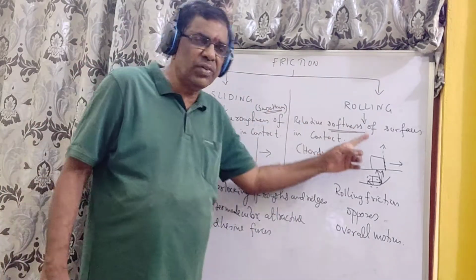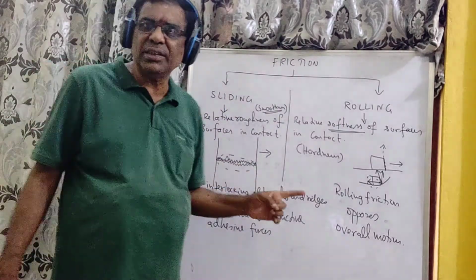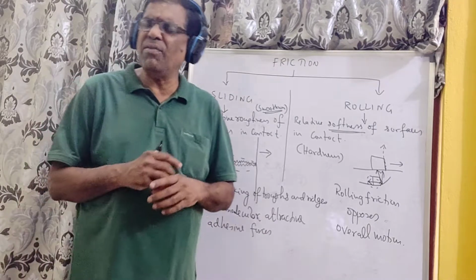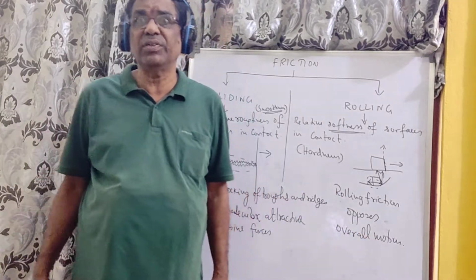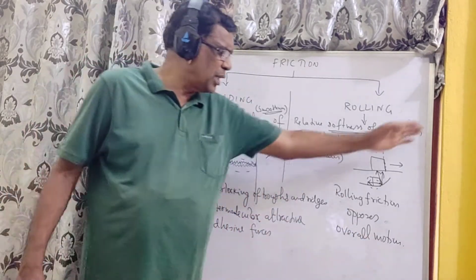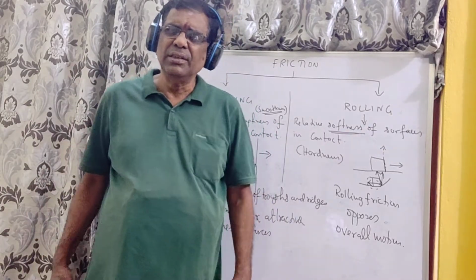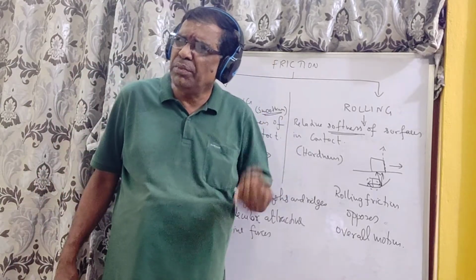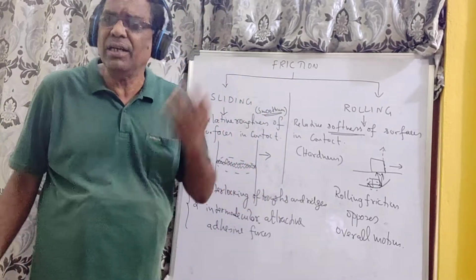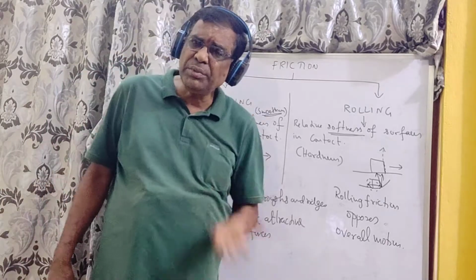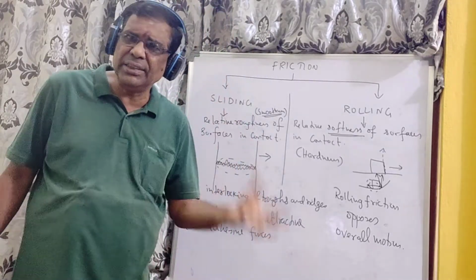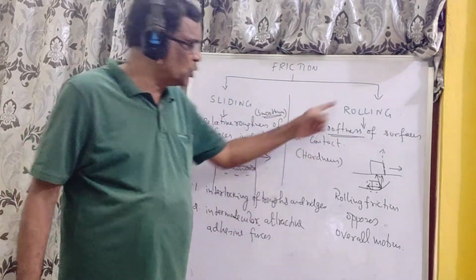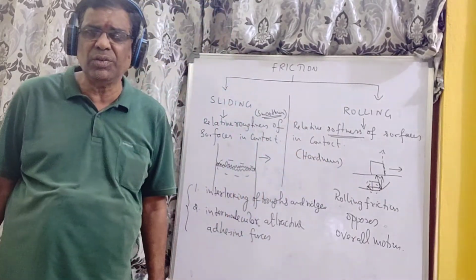Otherwise, rolling friction and sliding friction coexist. You never come across a perfectly smooth surface. You never come across a perfectly hard surface. Any surface I take is to some degree smooth, to another degree rough. The same surface, to some extent it is soft, to some extent it is hard. Therefore, due to softness you will have some opposing force.